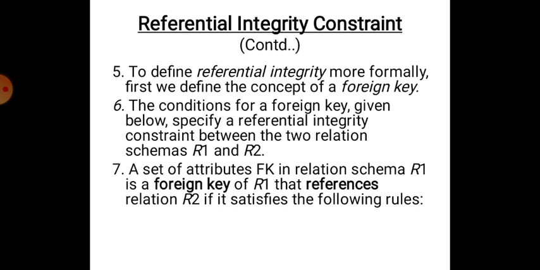Point number 7, a set of attributes FK in relation schema R1 is a foreign key of R1 that references the relation R2 if it satisfies the following rules.